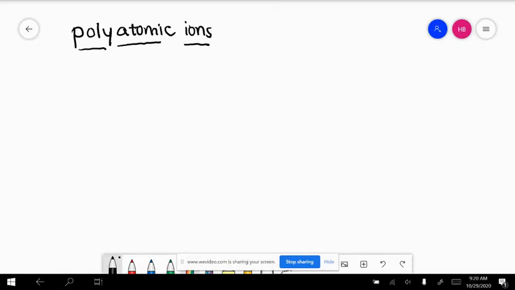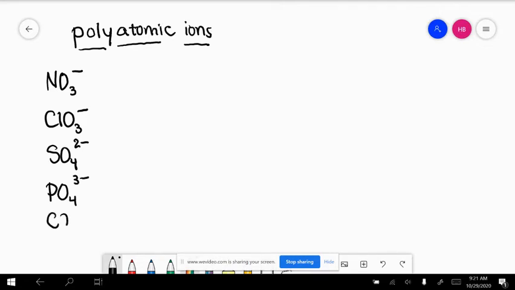I'm going to talk to you about some of the more common ones, which are nitrate, chlorate, sulfate, phosphate, and carbonate. Let's form some compounds with these. So nitrate has a charge of -1. That's what that dash means. It actually means a charge of -1.